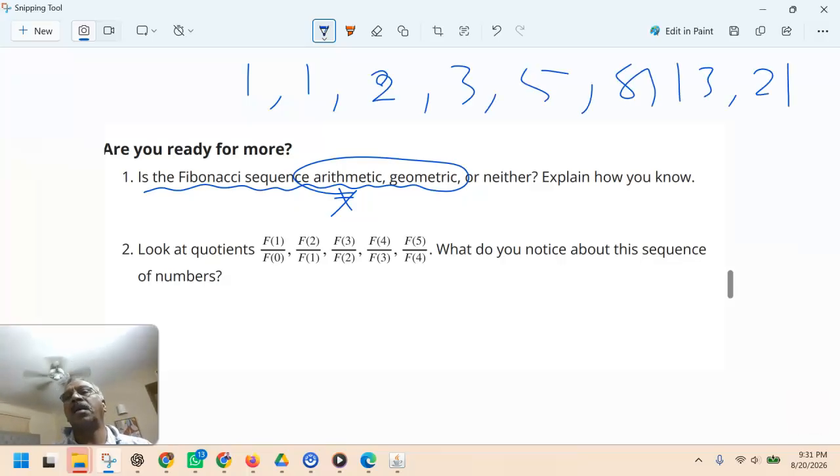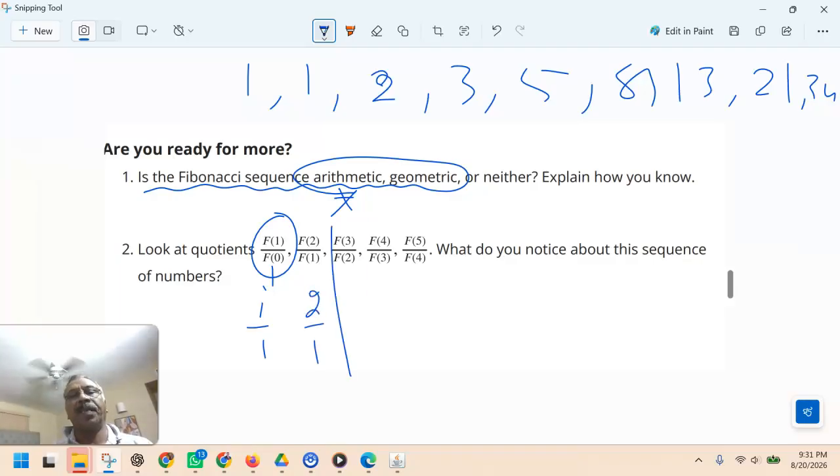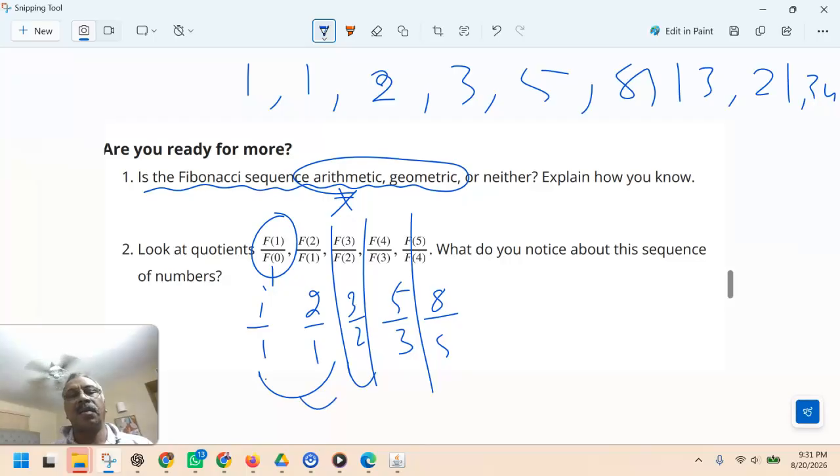If I take ratios, it is 1 over 1, then 2 over 1, then 3 over 2, 5 over 3, 8 over 5, and you will always see they fluctuate, increasing and decreasing. So this will be 2, then 3 divided by 2 is 1.5, and again it increases and decreases.